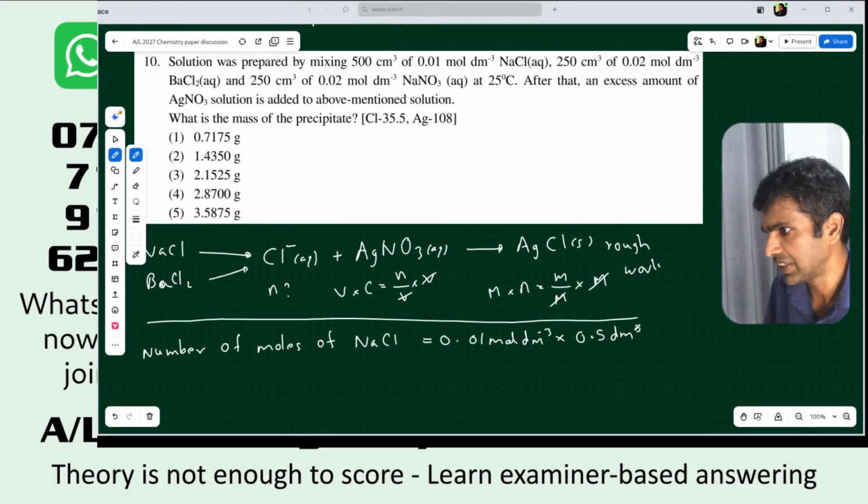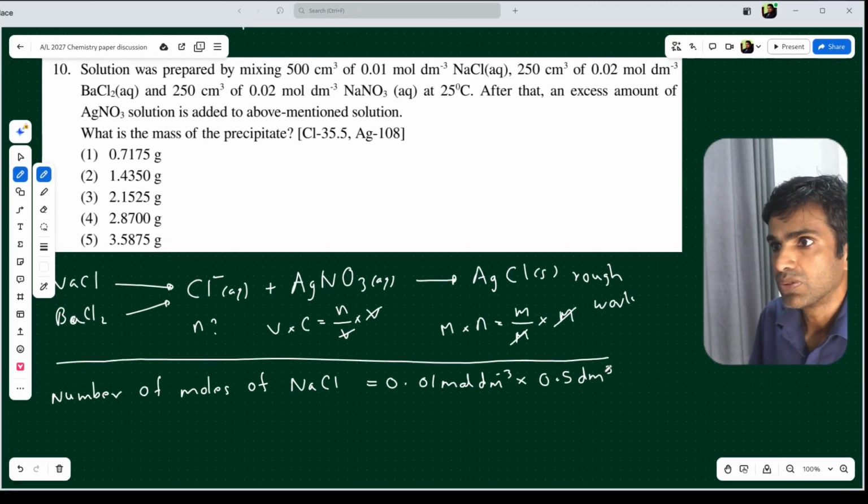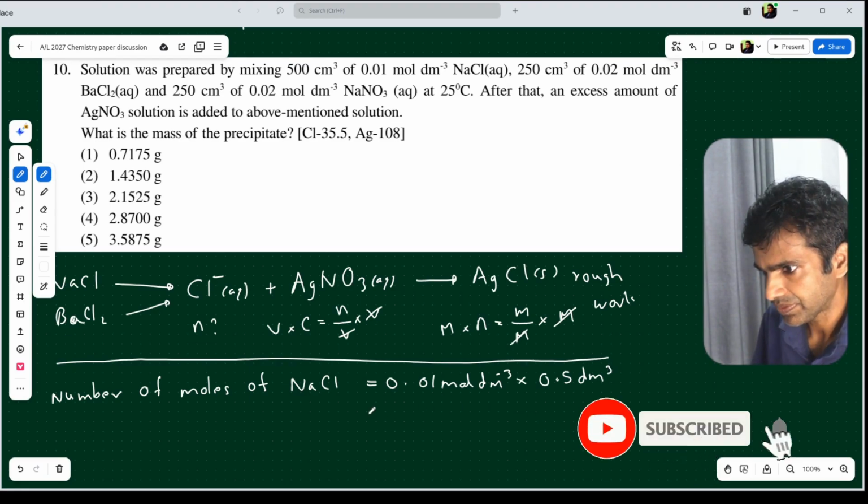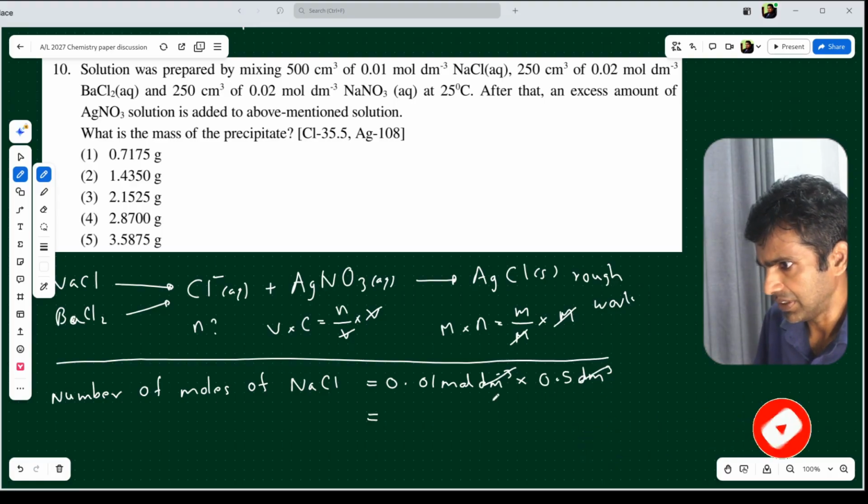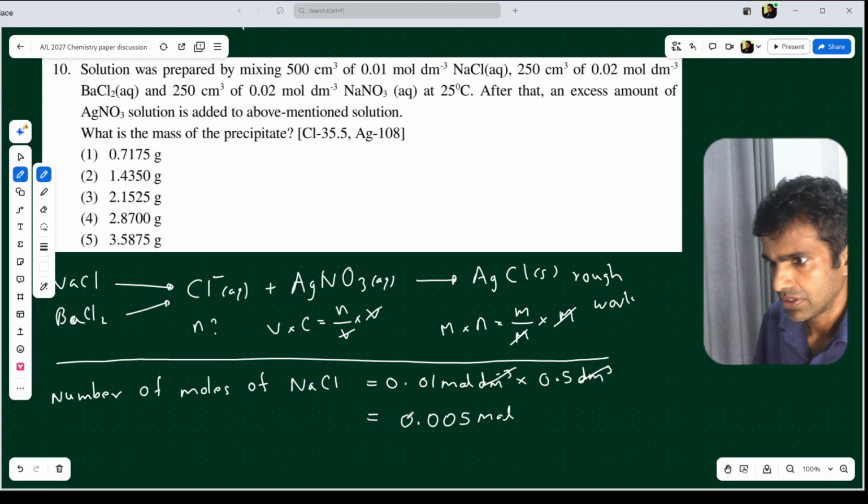We need to divide by 1000 to convert cubic centimeters to cubic decimeters. Cubic decimeter per cubic decimeter, moles, 5 times 1, 5, 3 decimal places. So this is the number of moles of sodium chloride, 0.005 moles.